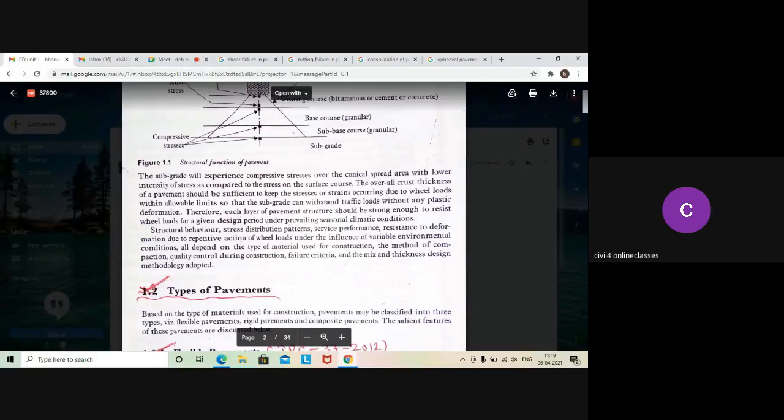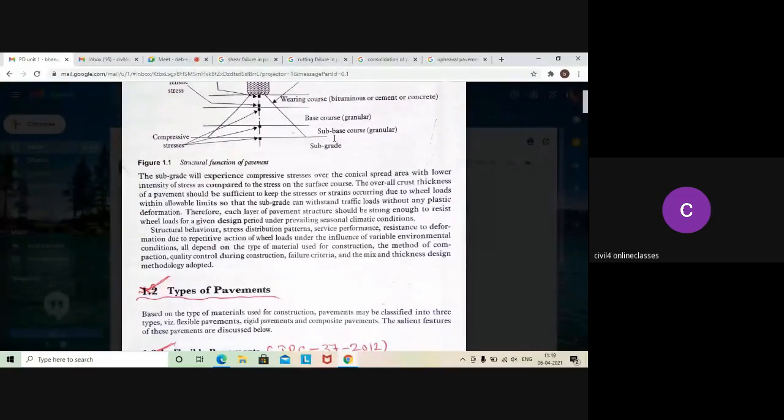Therefore, each layer of the pavement should be strong enough. So individually, if each layer is strong enough to resist the loads, then only this will be possible. And we should see that this is possible under all conditions, like seasonal climatic conditions and temperature variations, anything. It should withstand.